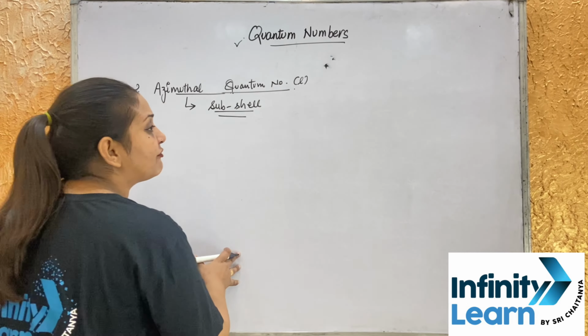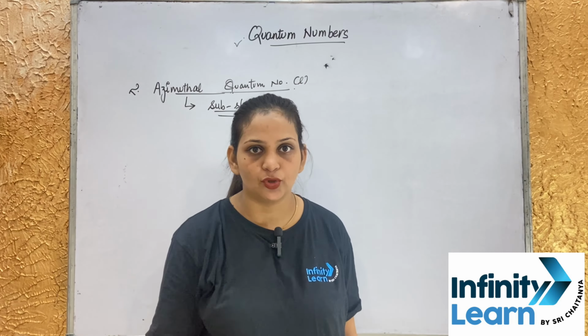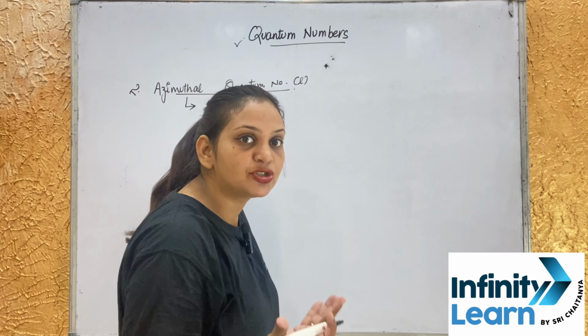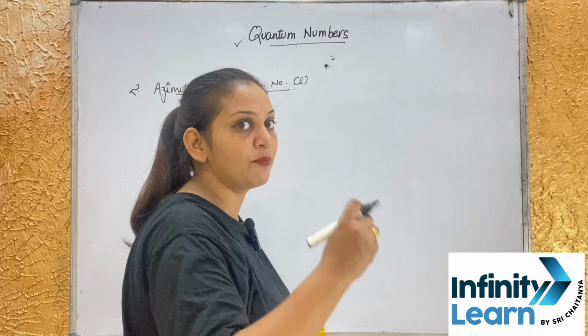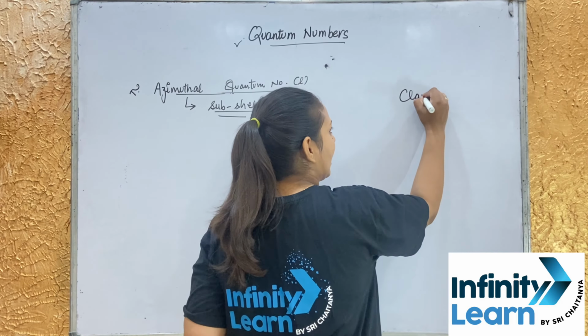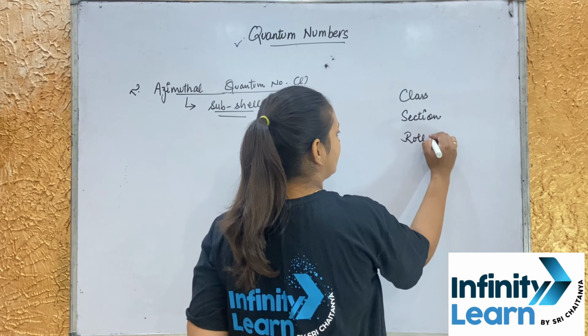For example, if we have to locate a child in the school, what we should do? To locate him or her, we need her class, section, and then roll number.